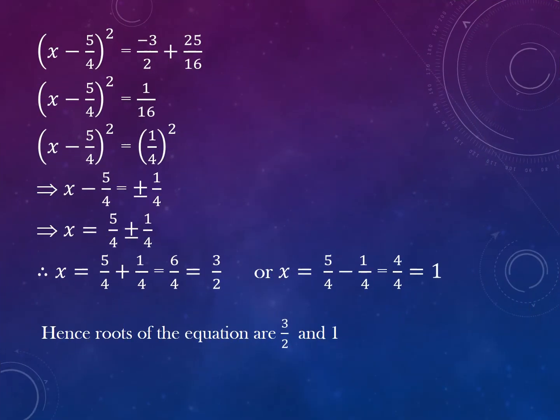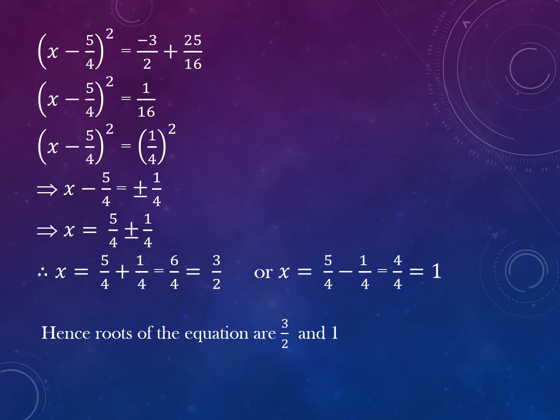By adding the square of half of the coefficient of x, the left side always becomes the first or the second identity depending on the sign of the coefficient of x. In this question, the coefficient of x is 5/2 and the sign is negative. So automatically we can take our second identity (a − b)², which will be (x − 5/4)².